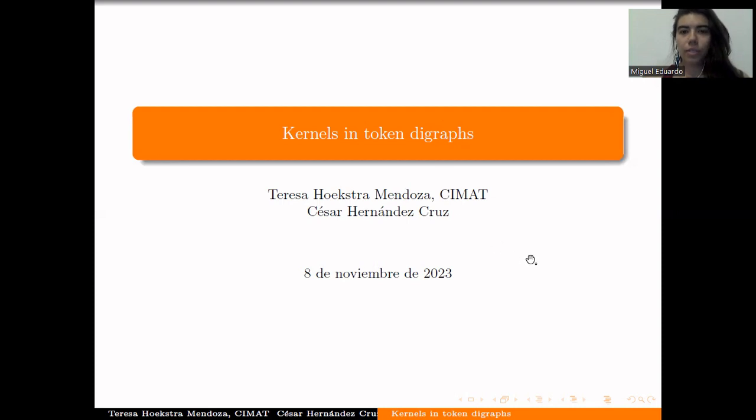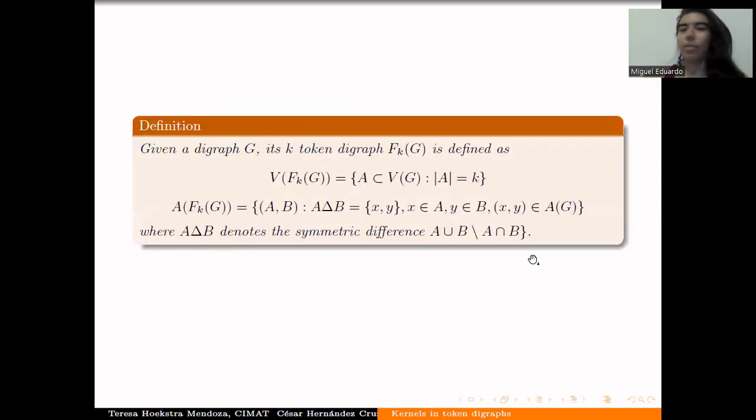Okay, so first of all, what is a token digraph? Given a digraph G, we can construct its k-token digraph, defined as follows.